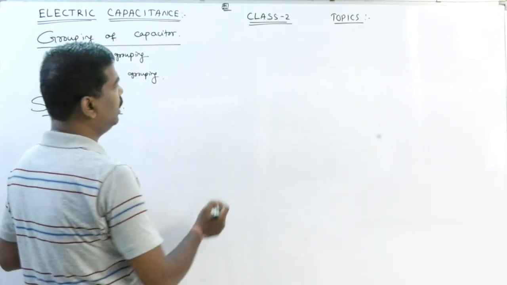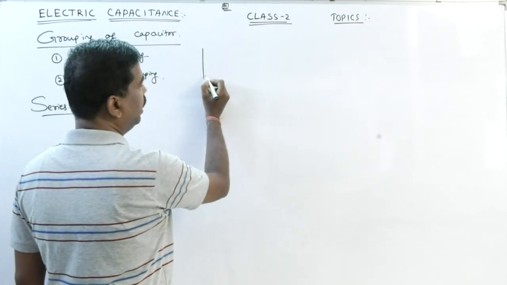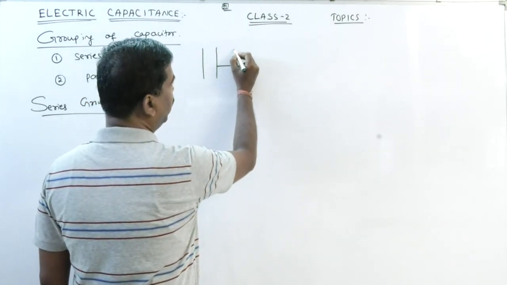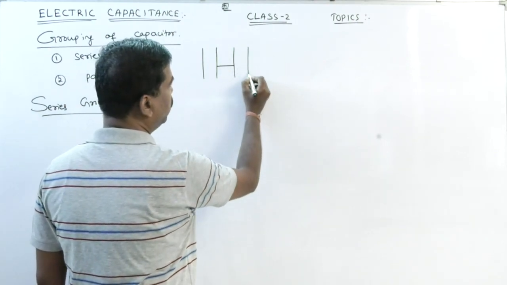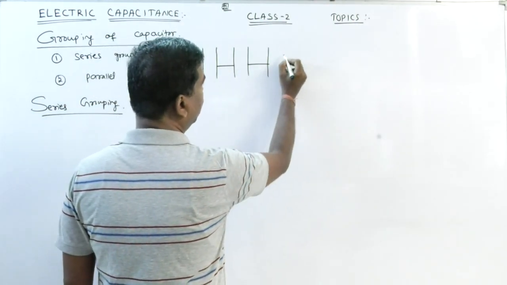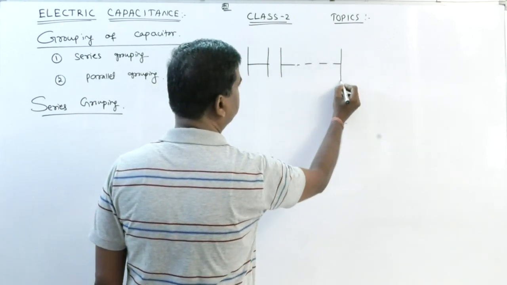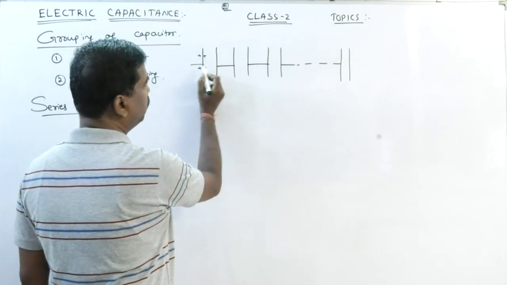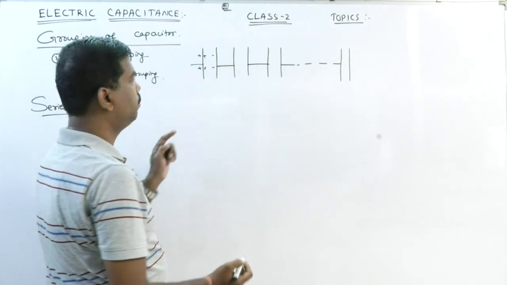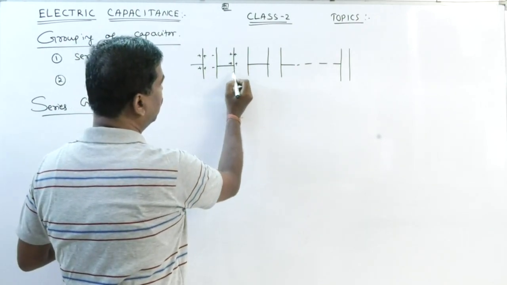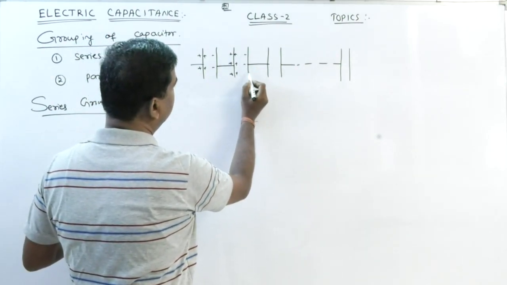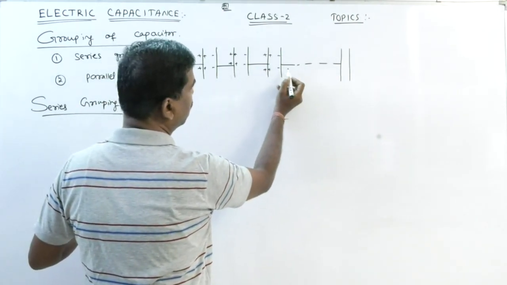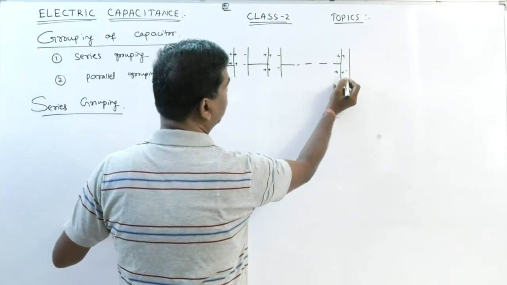Listen to me. Capacitors are said to be in series if the negative plate of the first capacitor is connected to the positive plate of the next, and so on. Let us imagine this is the positive plate, this is negative, this is positive, negative, similarly this is positive, negative.